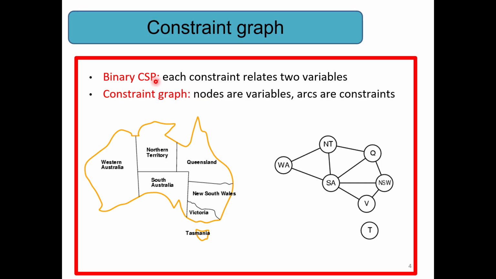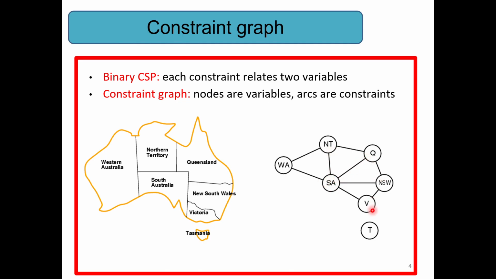For example, here we can go for involving two variables. This can be converted into a constraint graph, with WA, NT and SA. In this constraint graph, for example, we color one node red, then the next should be green or blue. Again, it's red and green, so this should be blue. Keep on moving like this.